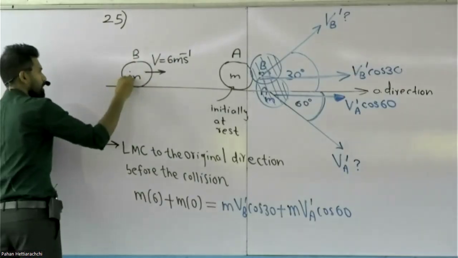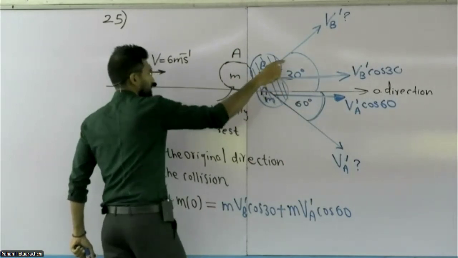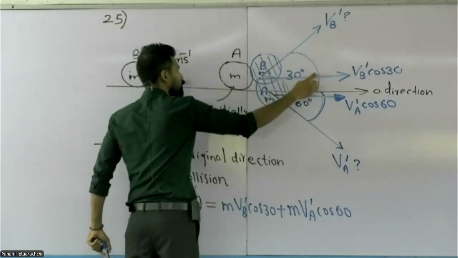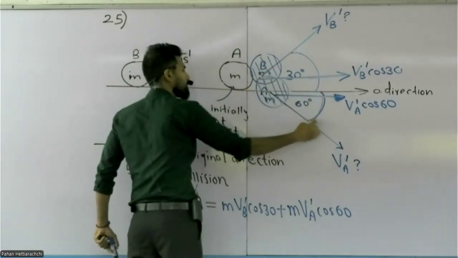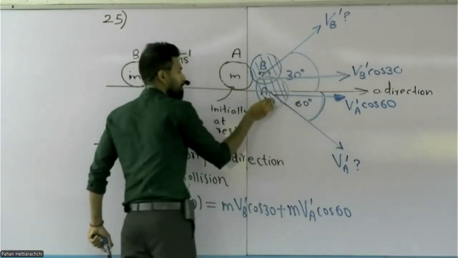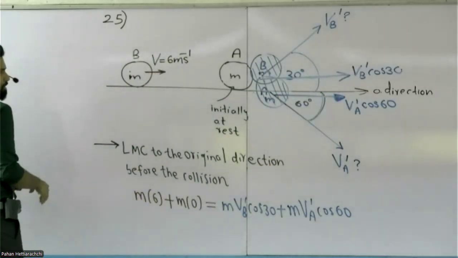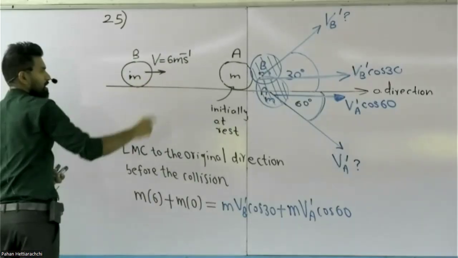Before the collision, m into 6 plus m into 0. After the collision in the original direction, the velocity components are VB dash cos 30 and VA dash cos 60. So m VB dash cos 30 and m VA dash cos 60 are the momentum components. I have applied linear momentum conservation in the original direction.